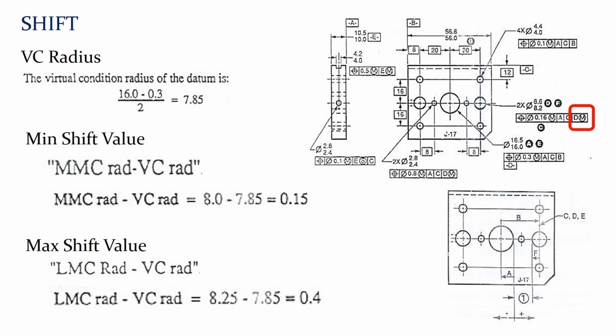How can we calculate the shift? The virtual condition radius is 16.0 minus 0.3, divided by 2, that is equal to 7.85.